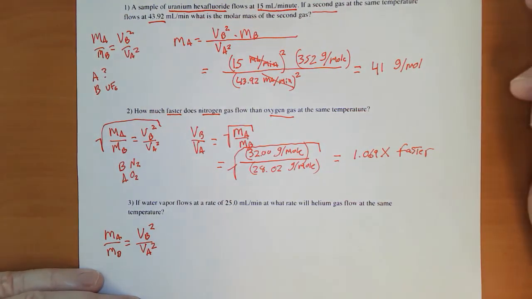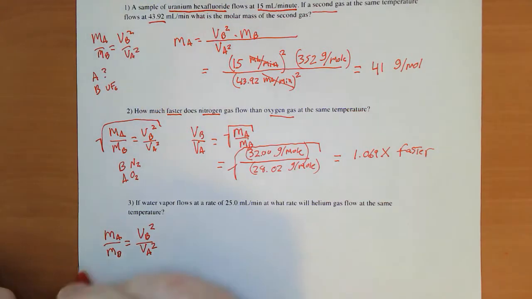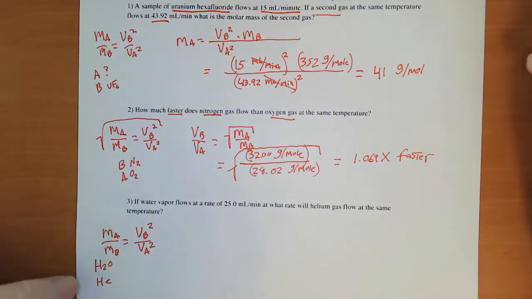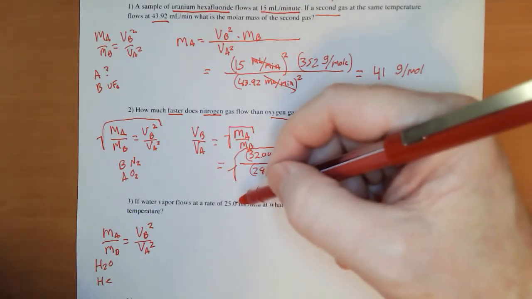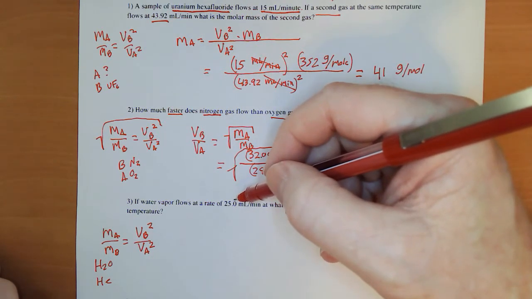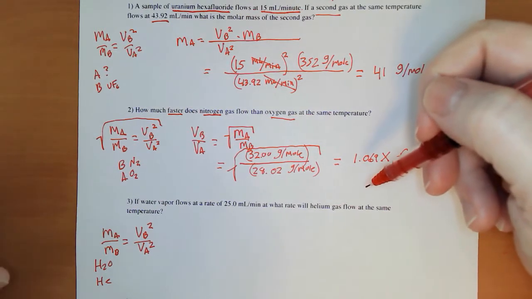All right, so now I'm looking for a velocity. I have two things: I've got water and I've got helium. Water vapor flows at this rate, so I know a lot about it, and for helium, I want to know what rate it flows at.